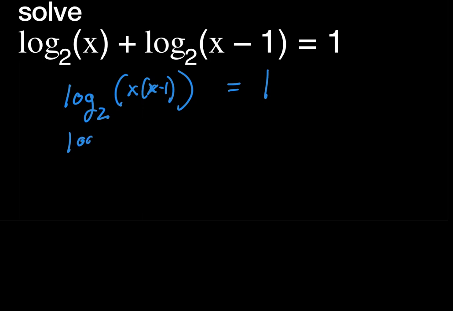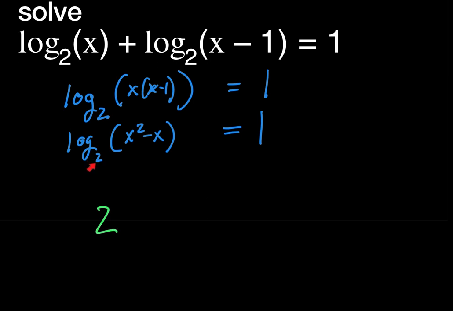I can simplify that some more. Log base 2 of x squared minus x is equal to 1. Now I have my entire algebraic expression in one place. And then I can look to see about how to get this out of logarithmic and into exponential form. So my base is 2, because that's the 2 right there.